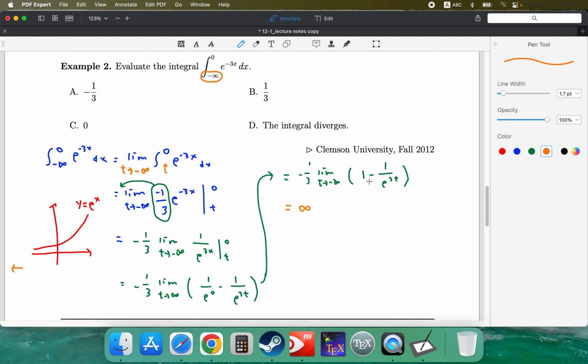Now, another common mistake students made in the past is to write down something like this. Now notice that this is not correct.